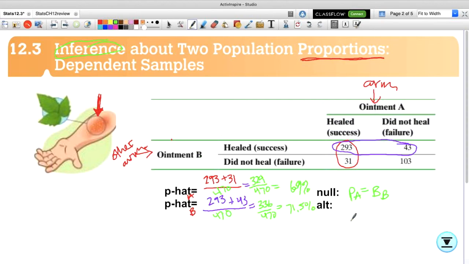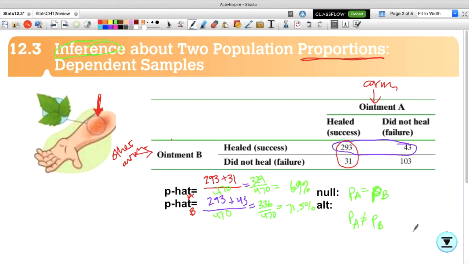Our alternative is going to be that they're not the same, that they're different. We're not going to have greater than or less than, just that they're different. Oops, this should have been a P, I apologize, proportion of B. The null is always that they are the same, and the alternative is just not equal to, or different.